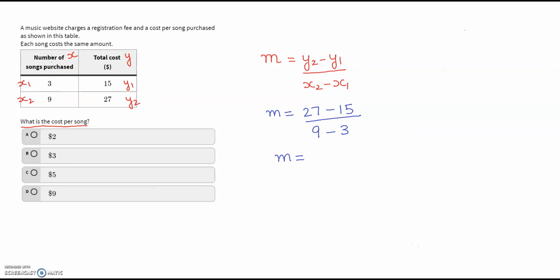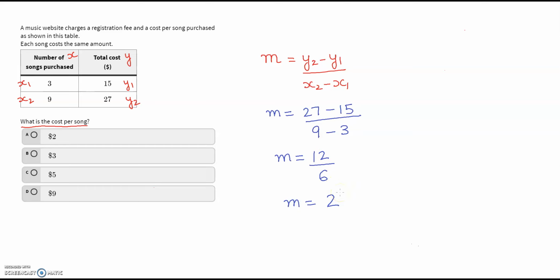When I subtract 27 and 15, I get 12. When I subtract 9 and 3, I get 6. So 12 divided by 6 will give me 2.